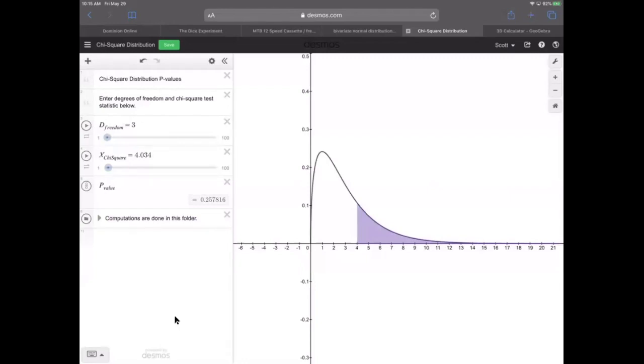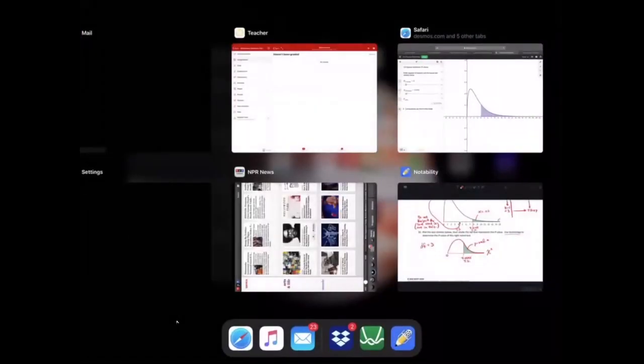And the p-value is 0.2578, so that's a huge p-value. Any questions about Desmos? Okay, 0.2578, got it.